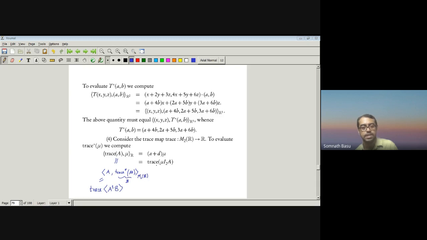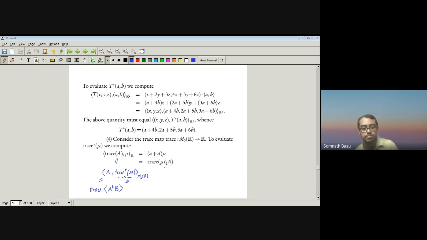It's A plus D into mu. So we're trying to find a matrix B associated to mu, so that A transpose B has trace A plus D mu. But A plus D mu, I can think of it as the trace of mu times identity times A. Because identity times A is A and trace of mu times A is mu into trace of A. So trace is linear. And that's it.